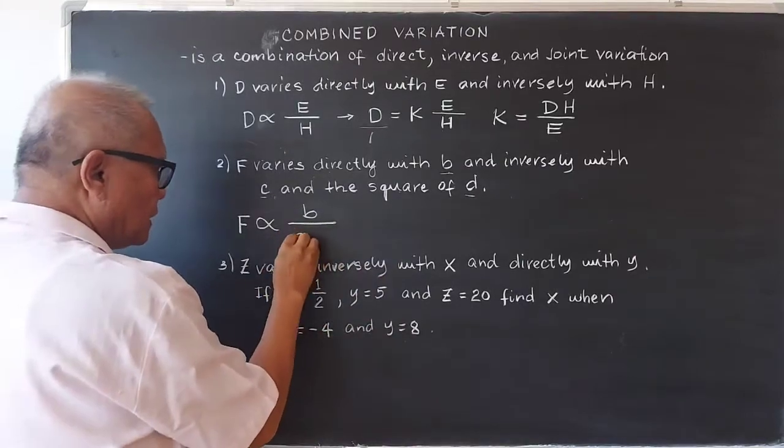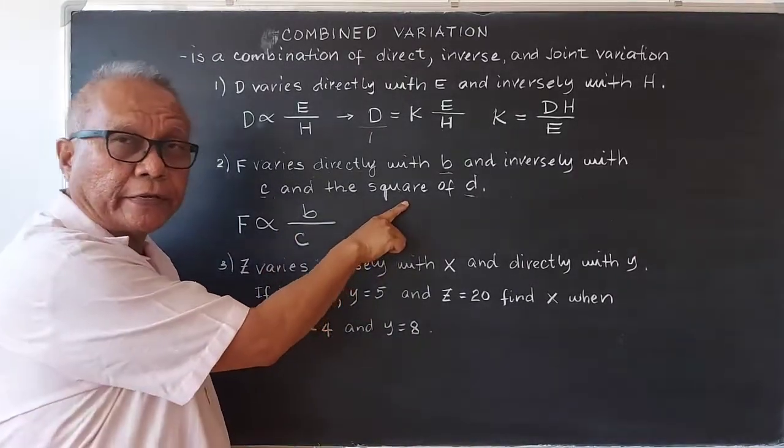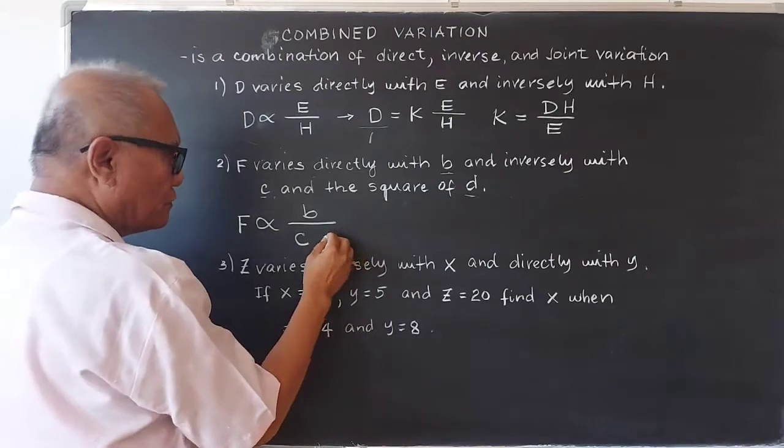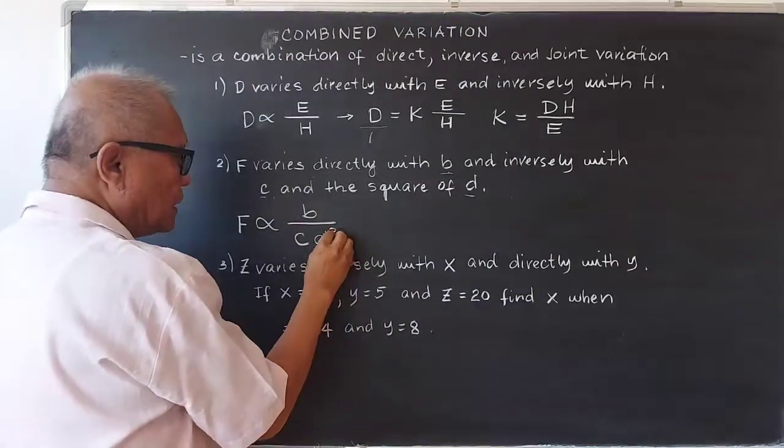So we have C and the square of D. How do we write the square of D? So we have D squared.